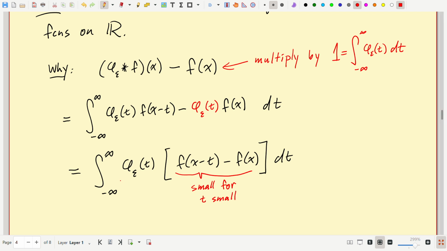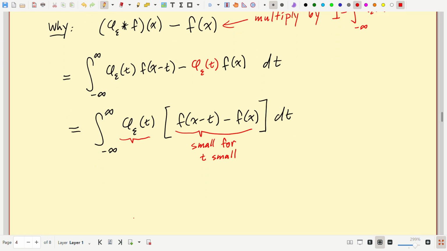And this thing is small for t big, so small outside. So let's say for t small, for absolute t less than delta, this is going to be small, and this is going to be small for absolute t bigger than delta, if epsilon is small enough.